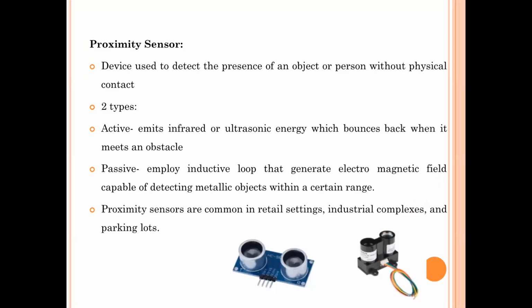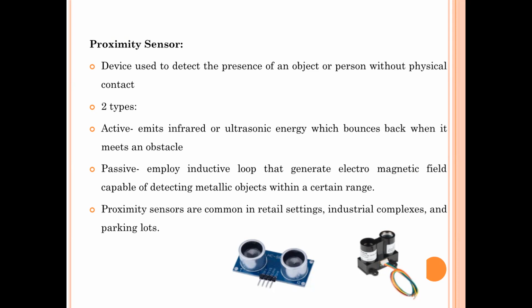The second sensor is the proximity sensor. This helps you detect the presence of an object or a person without physical contact. There are two types, active and passive. In an active proximity sensor, infrared rays or ultrasonic energy are emitted, and when they touch any obstacle, they bounce back.